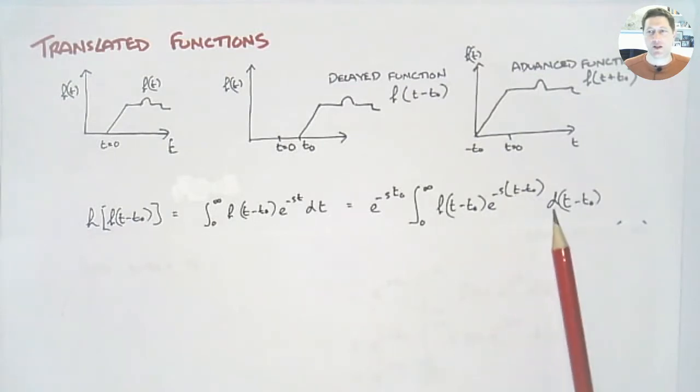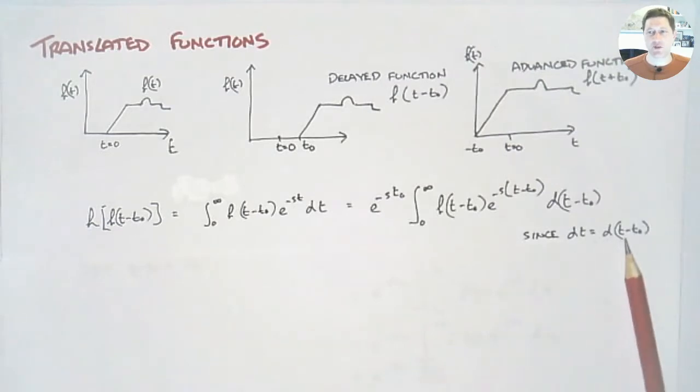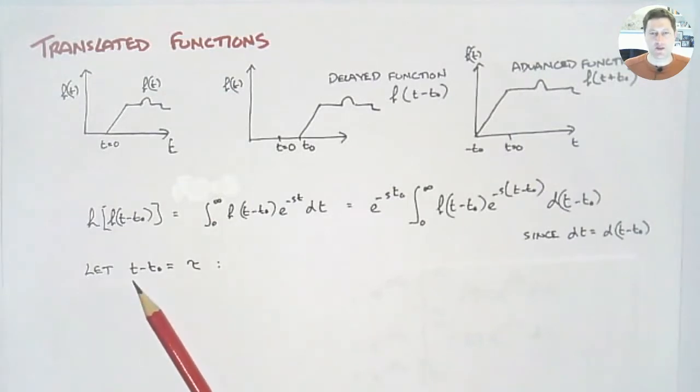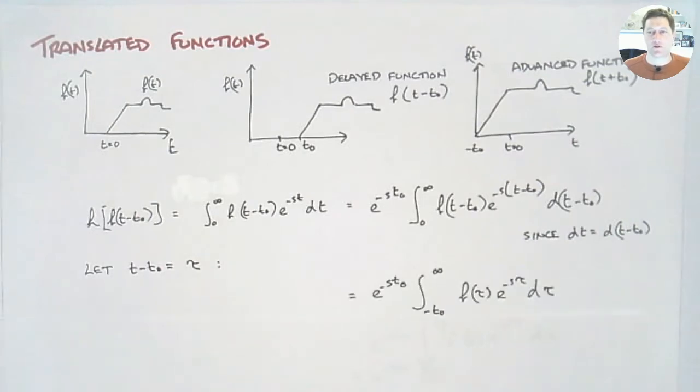That's good. The differential term we've written again as d(t minus t0). Well, we can do that because dt is equal to d(t minus t0). t0 is a constant, so you take the differential of that and it's equal to dt. Okay, so now we've done that, we can make a substitution. So we say t minus t0 equals tau, and we can rewrite our expression.